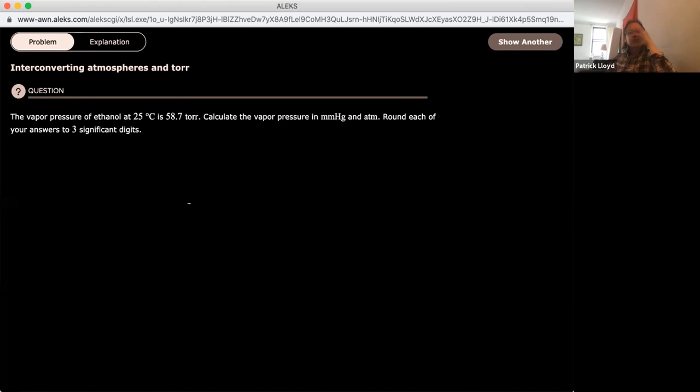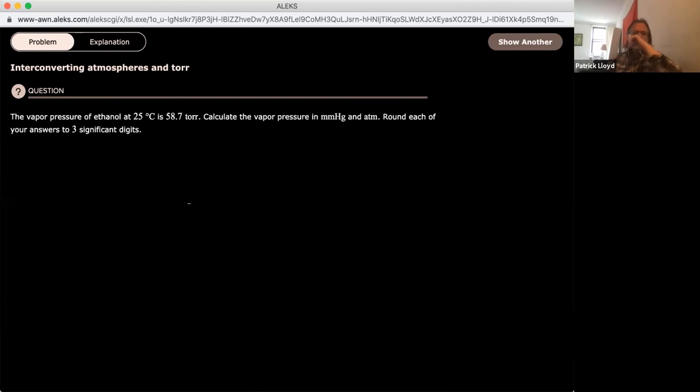Interconverting atmosphere and torr. Torr is the same thing as a millimeter of mercury. 760 torr is 1 atmosphere. So the vapor pressure of ethanol at 25 degrees Celsius is 58.7 torr. Calculate the vapor pressure in millimeters of mercury and atmosphere, rounded to 3 sig figs.